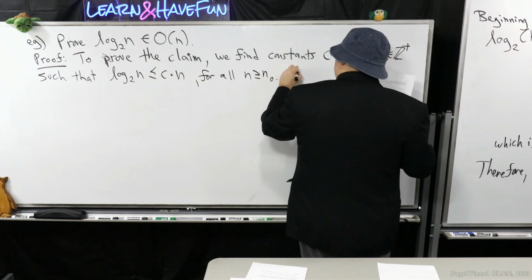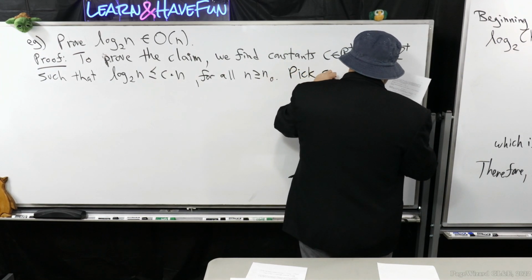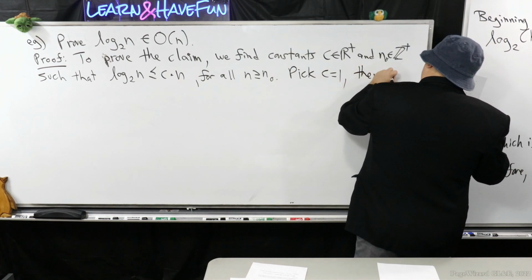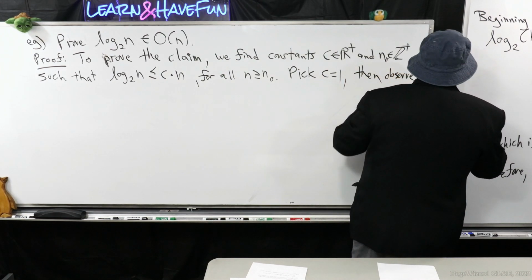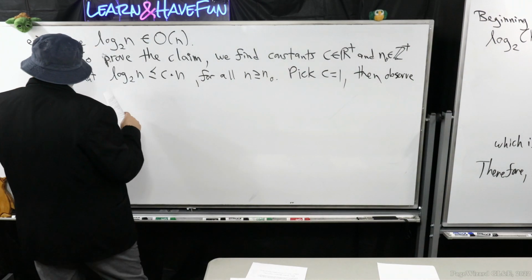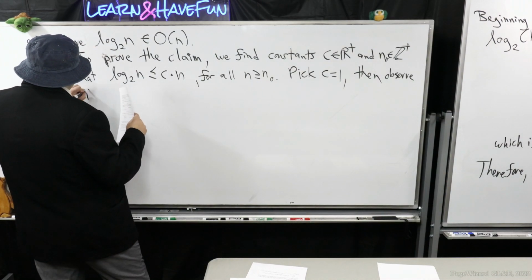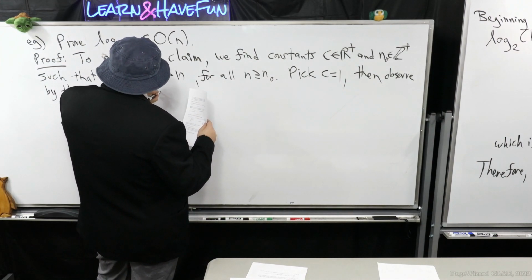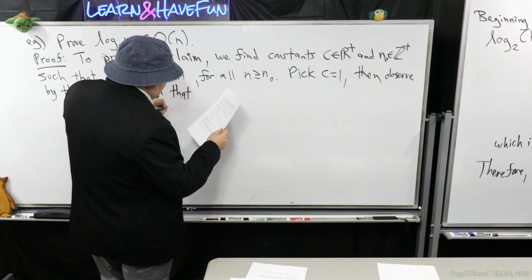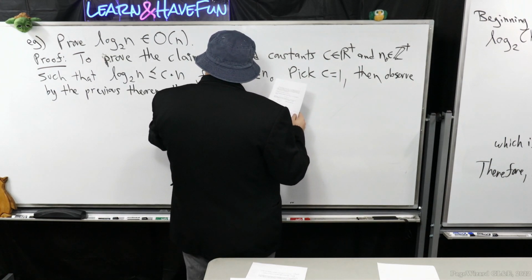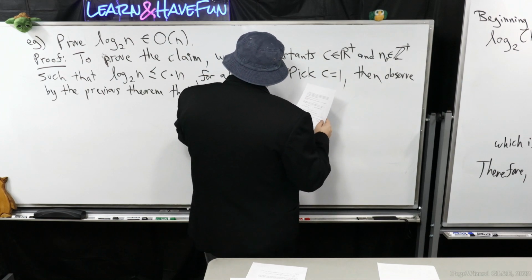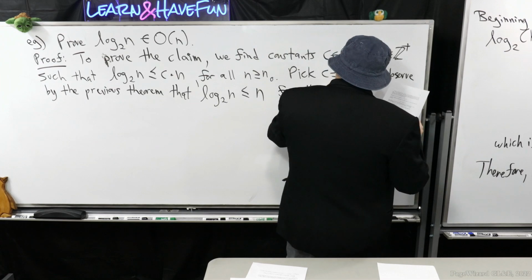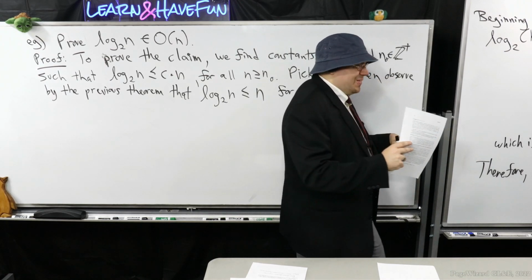So like I said, I'm just going to pick c is equal to 1. And then observe by the previous theorem that log base 2 of n is less than or equal to n for all n greater or equal to 1, right? Pretty wonderful, right?